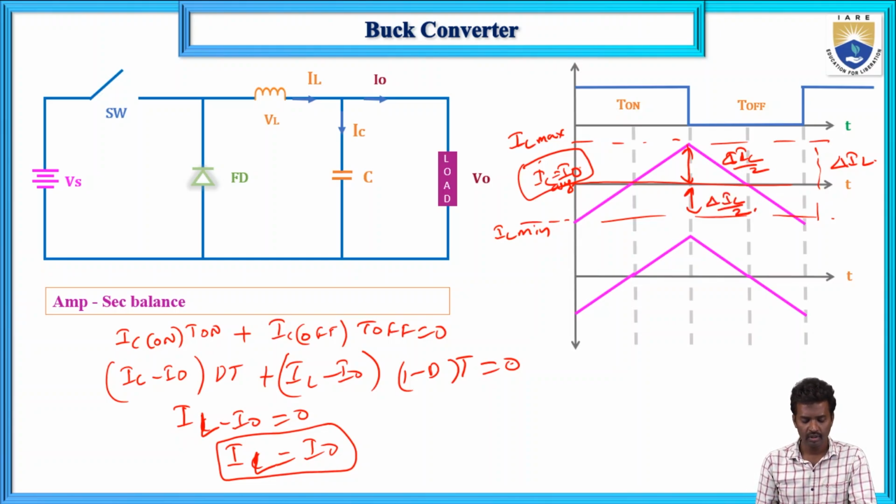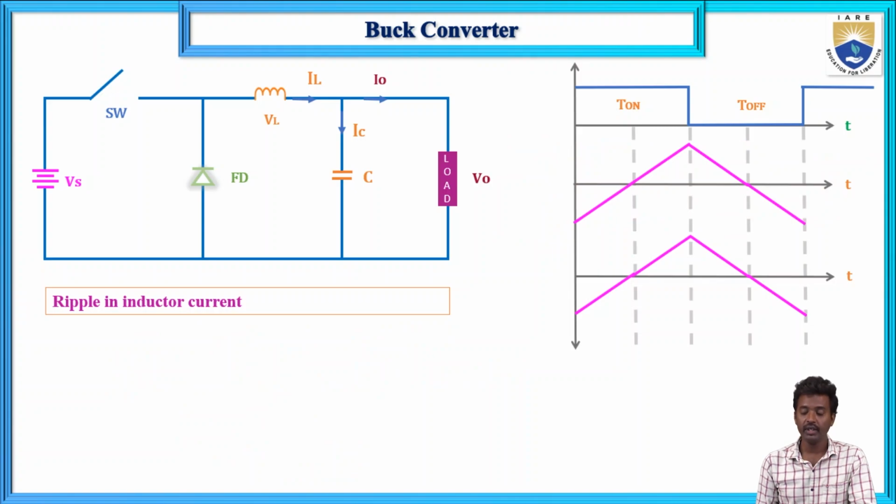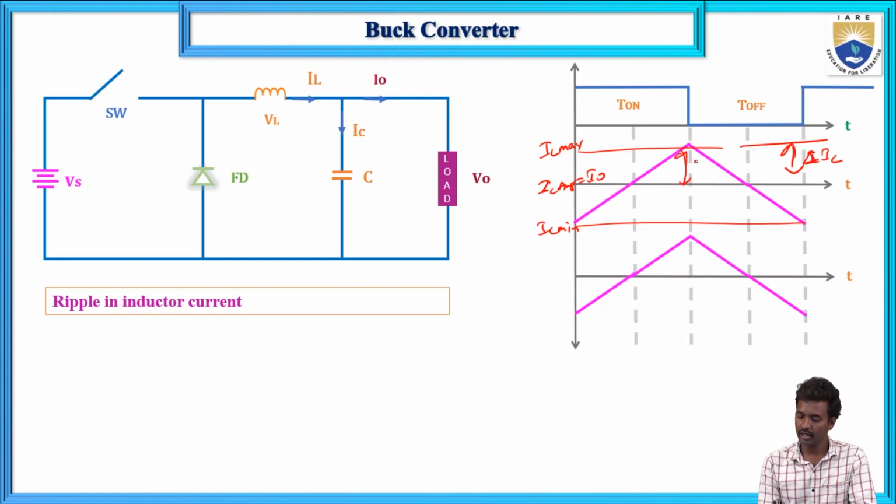The ripple in the inductor, you need to calculate. This is the IL maximum, IL minimum, and IL average equals I naught, and this is del IL, del IL by 2, del IL by 2.